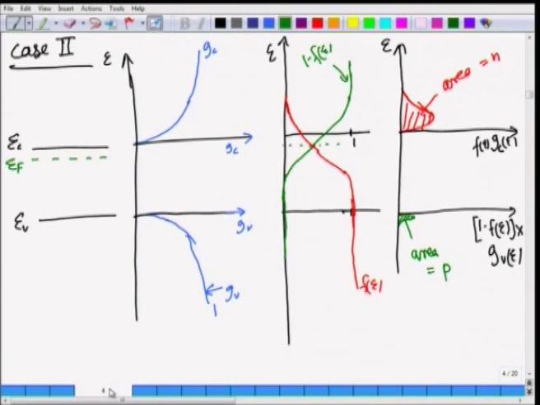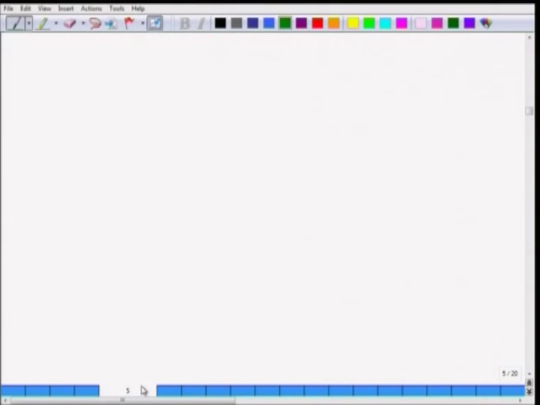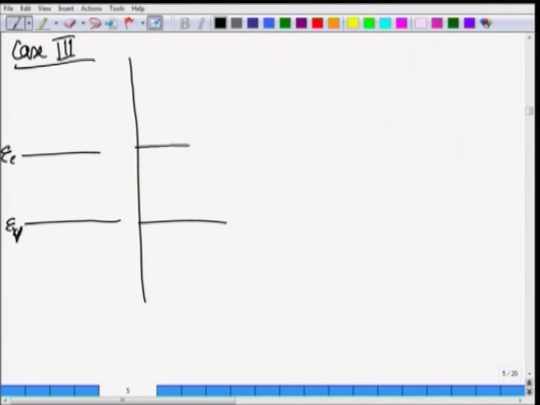Case 3, the last case. I quickly plot this also. Here is EC, and this is EV, and here is the energy scale, the same.